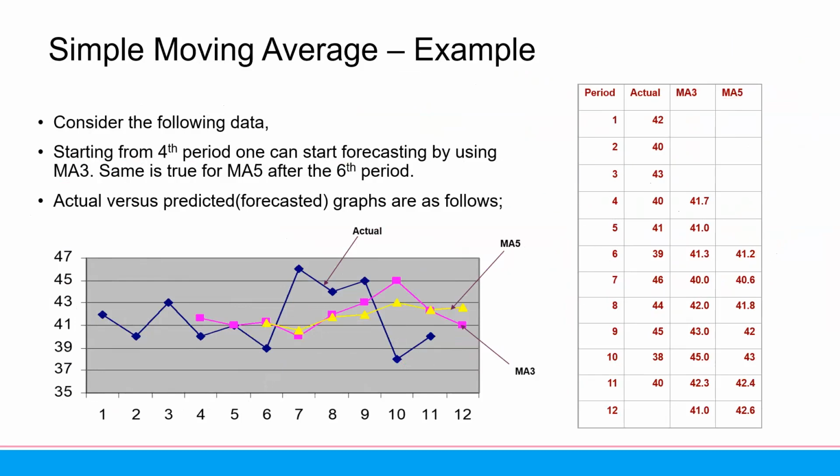So we have the forecast, or this is the prediction using the moving average 3 period, and this is the prediction using the moving average 5 period. And you can plot. So the blue color is the plot for the actual value, and then the pink color is the prediction using the moving average 3, and then the yellow is the moving average 5.